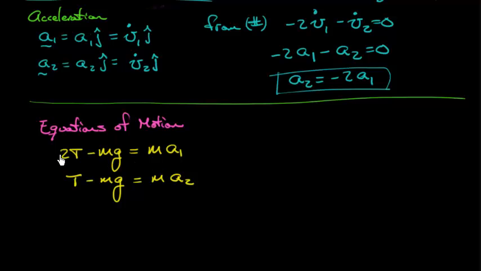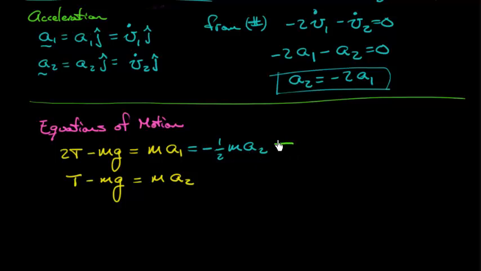Now you recall our equations of motion. Remember we had 2 equations with 3 unknowns, the T, the A1, the A2. But this new expression relating the A1 and the A2 helps me eliminate one of these things. So I can take this A1 and write this as minus 1/2 A2, right?